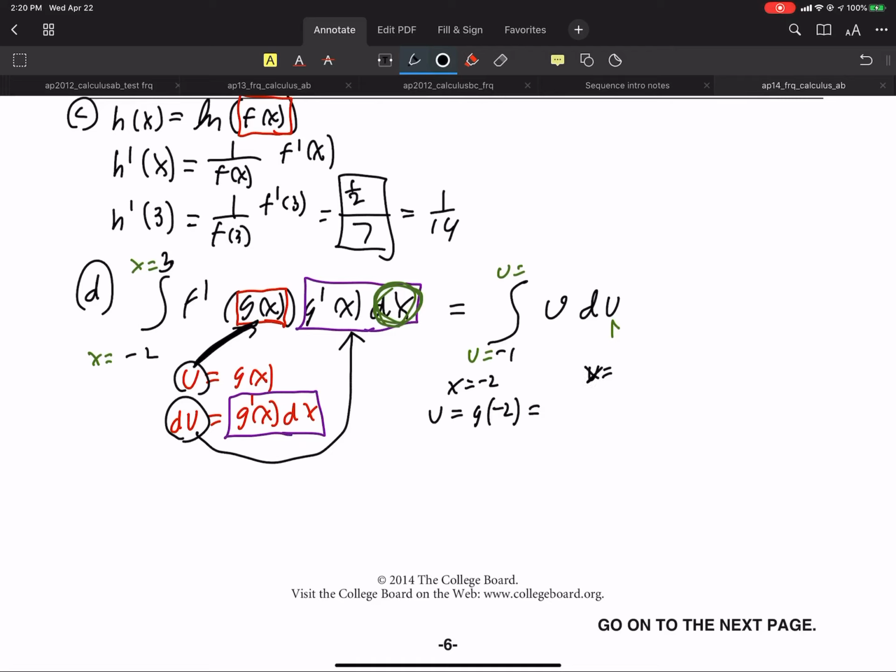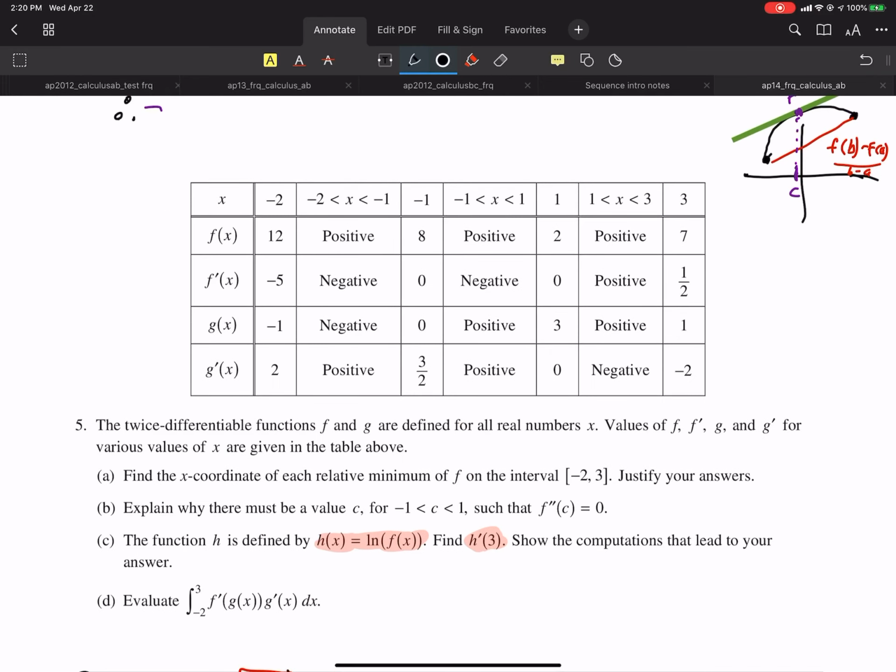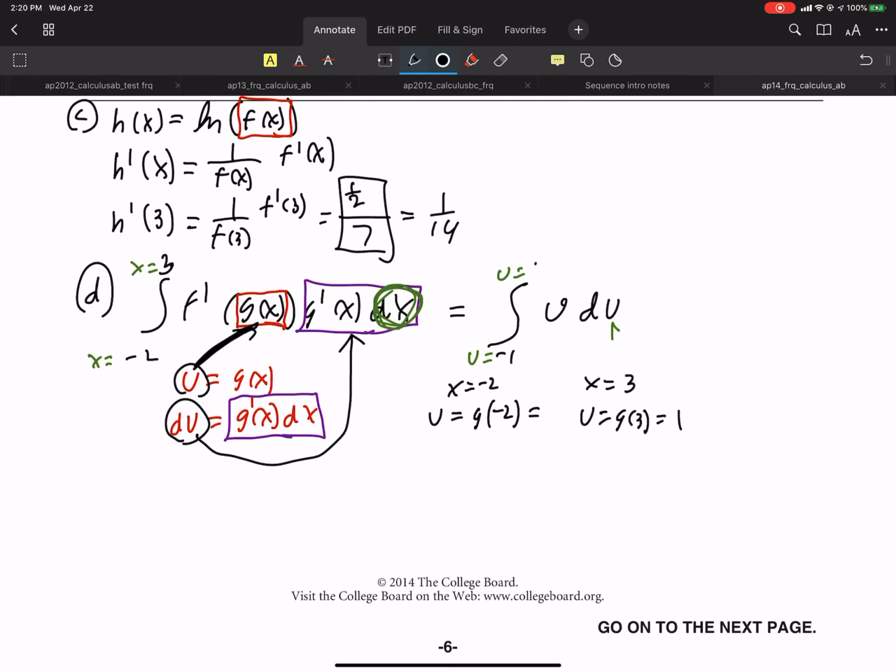When x is 3, u will be g of 3, which is, we look right here, 1. So our upper bound is 1. Now we get u squared over 2 as the antiderivative of u. And according to the fundamental theorem, we plug in 1 and then -1. So we get 1 squared over 2 minus -1 squared over 2, which clearly is 0. But that's not the answer.